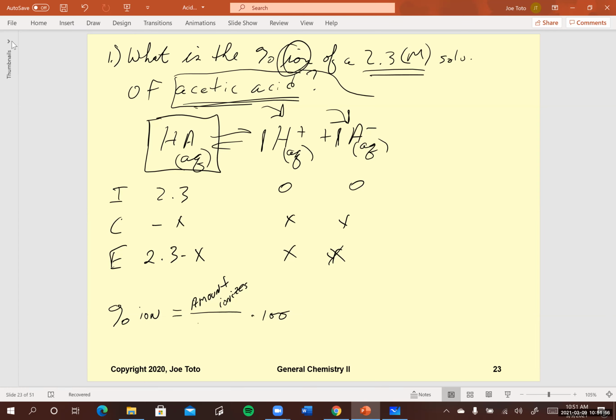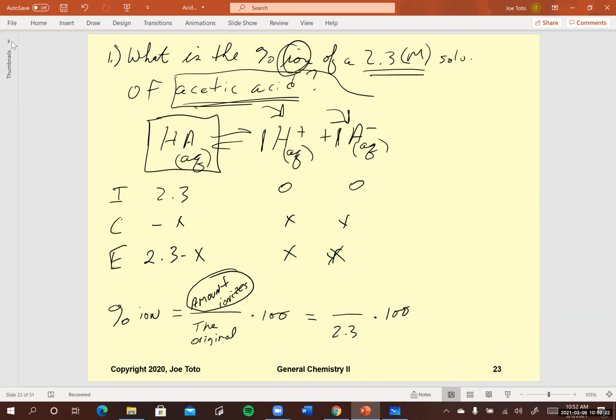Yes. The original, and what you said was 2.3. So my question is, what is the amount that ionizes? Is that in the ice table? Is it X?